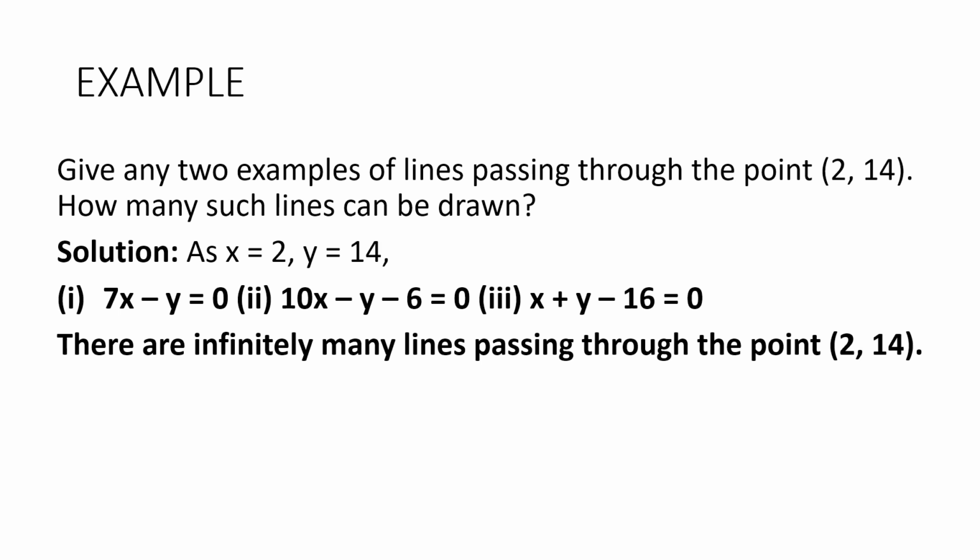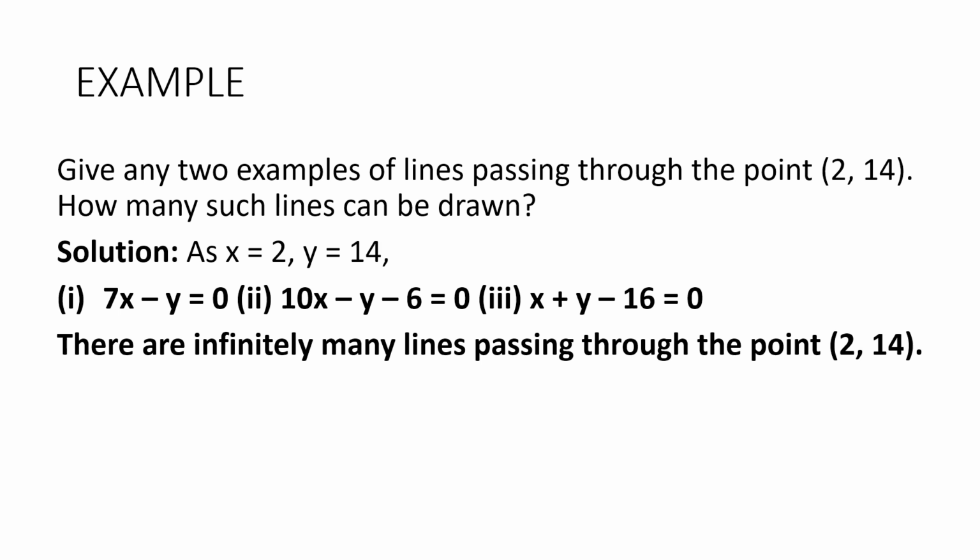Now as x is equal to 2, y equal to 14, the first line we can get very easily by looking at the values. 7x - y, that means 14 - 14 is equal to 0. That is one line. Second line is 10x, that means 20 - 14, which is 6. So 6 - 6 is 0.